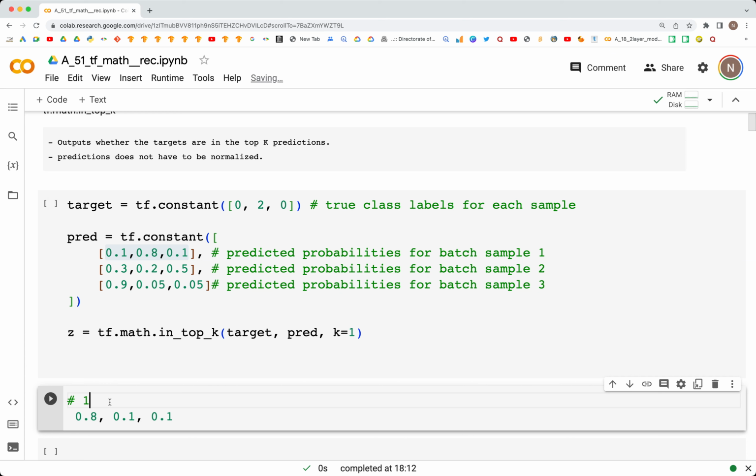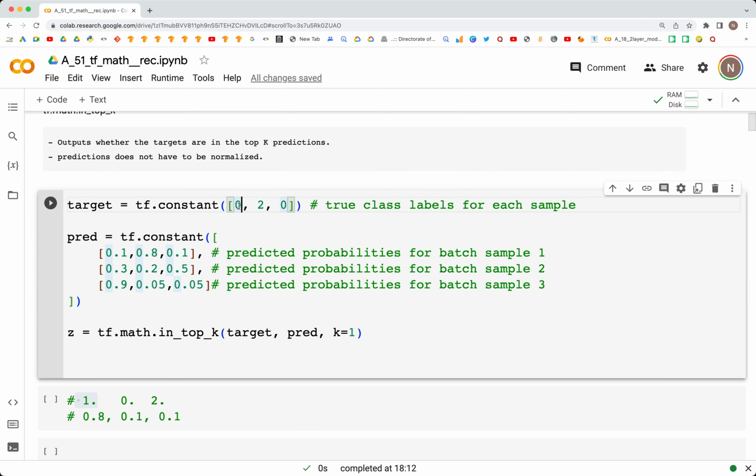So when we sort these, the top value here is 0.8, and the predicted label for that probability is 1.